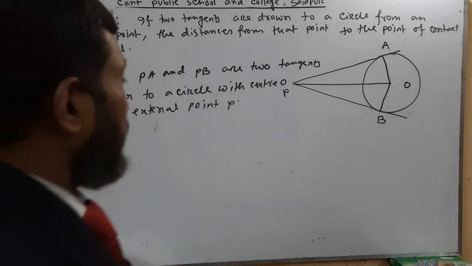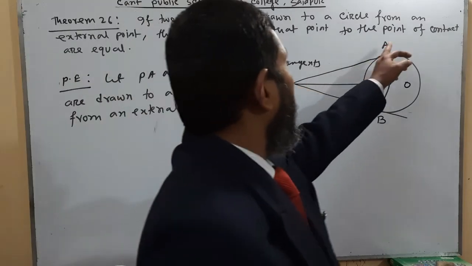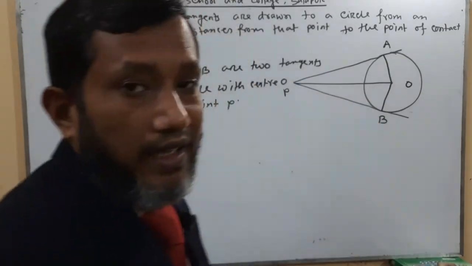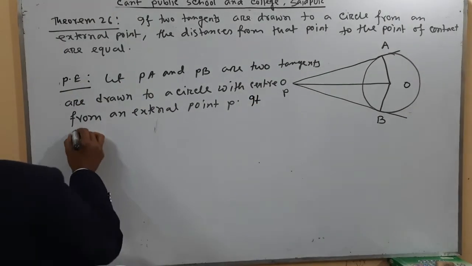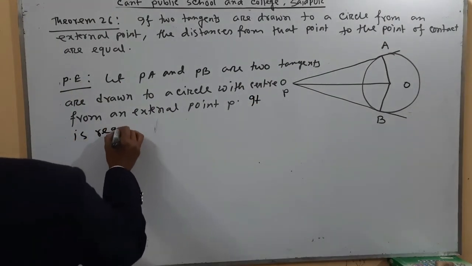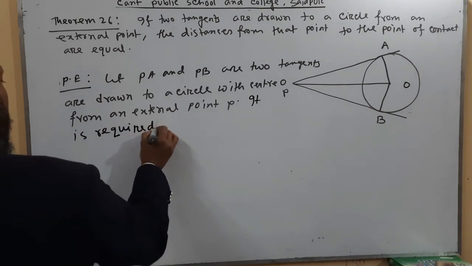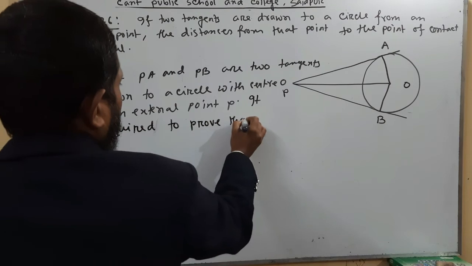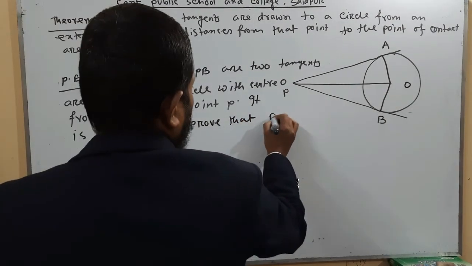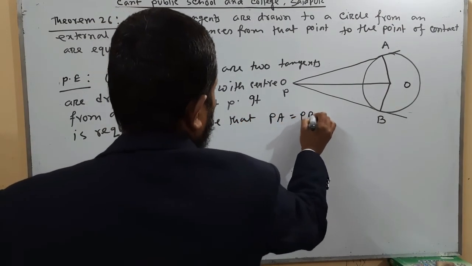So the distances from P to A and P to B are equal. It is required to prove that PA is equal to PB.